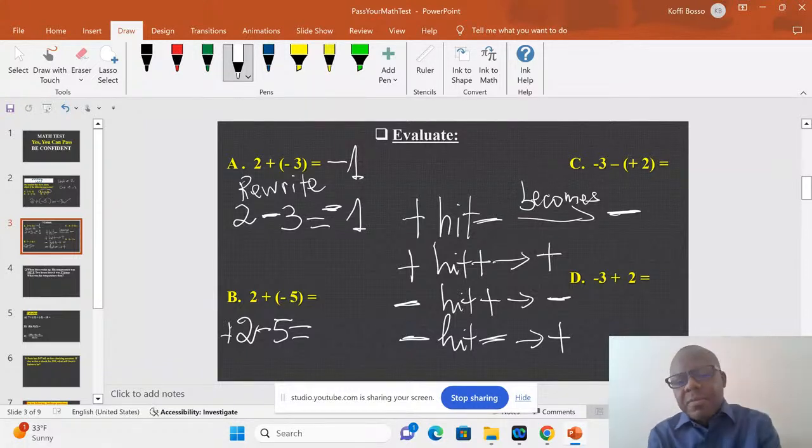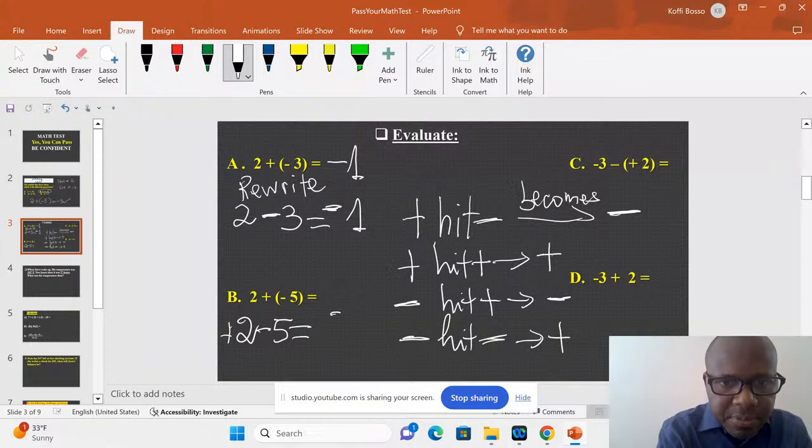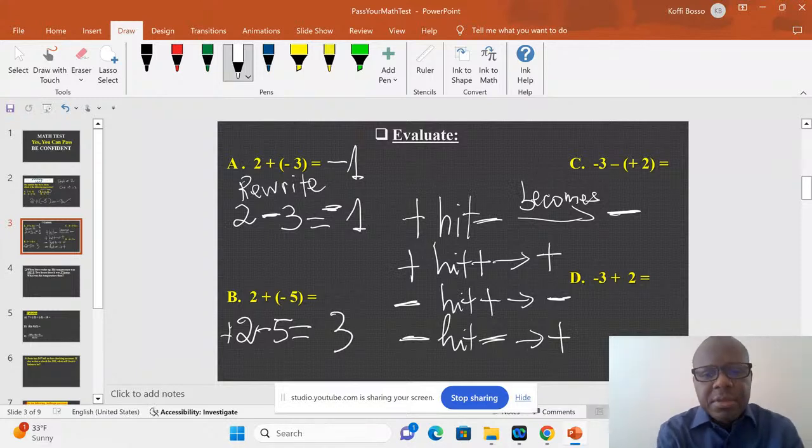Because the two numbers have different signs, what we do is take 2, which is the small number, from 5, the large number. You get a 3. And now what is the sign of that large number? 5 is the large number, and the sign of 5 is negative. So the answer will be negative 3.